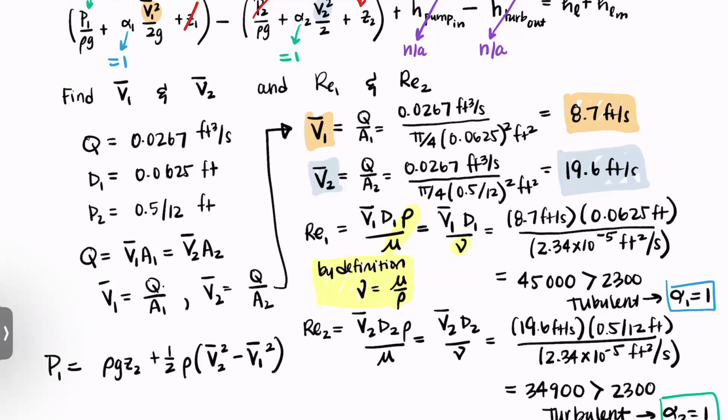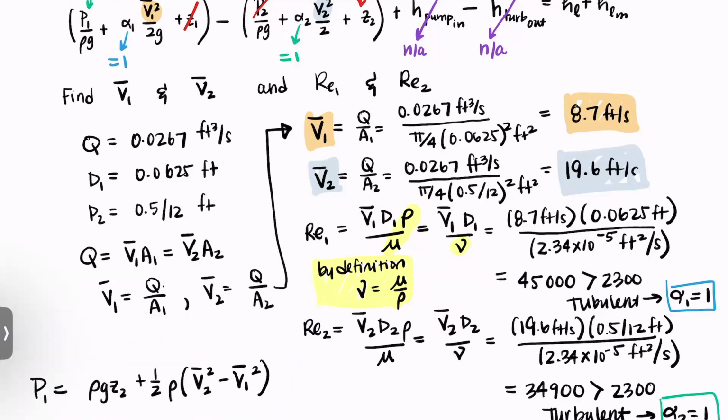And then, actually, let me move this down. We also add in rho times capital HL plus rho capital HLM. All right, so once we put gravity back into the losses, they become the capital H.